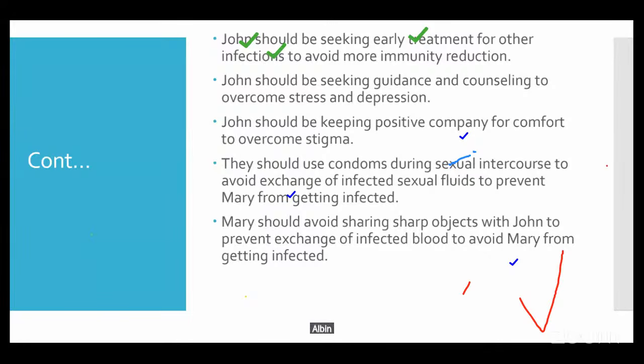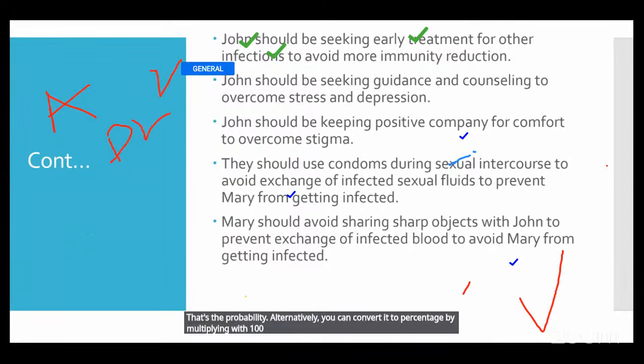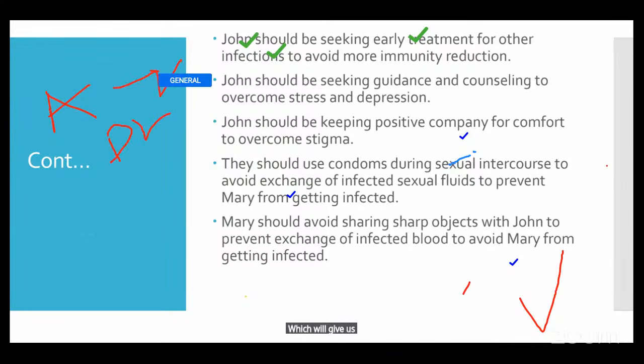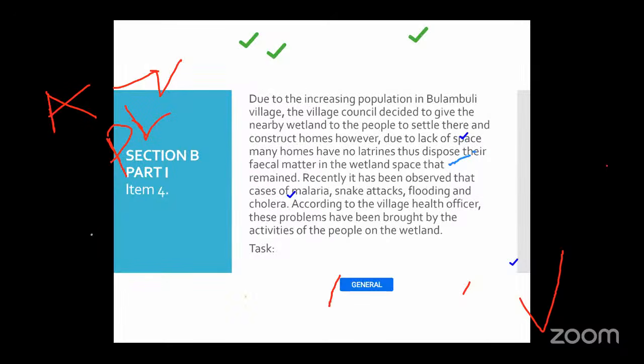It's only 1. So 1 divided by 4, that's the probability. Alternatively, you can convert it to percentage by multiplying with 100, which will give us 25. All right.